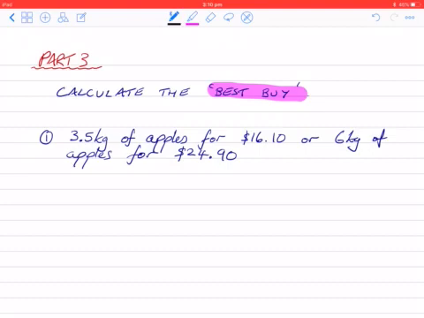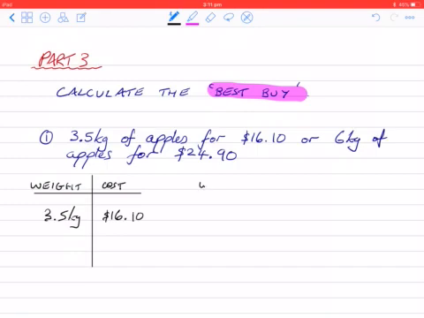So here we've got some weight of apples and their cost. So we've got weight and cost. So we'll go with 3.5 kilograms costs $16.10.